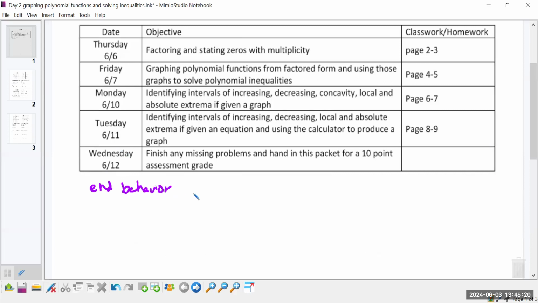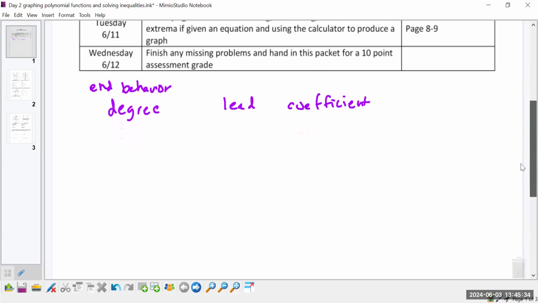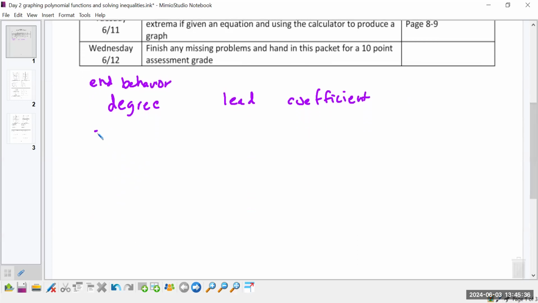When we looked at the polynomials unit, we looked at end behavior, and we considered two things: the degree of a polynomial and the leading coefficient. We looked at whether the degree was even, like x squared or x to the fourth, or odd, like x to the third, x to the fifth, and so on.